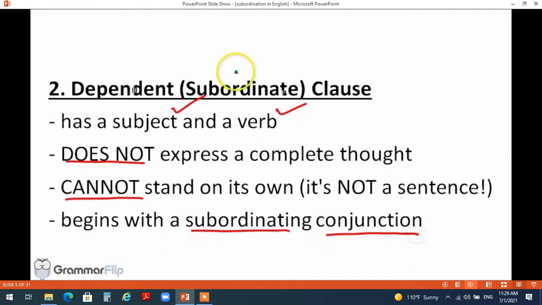Cannot stand on its own. It's not a sentence. أيضا لا يمكن أن نستخدمها كجملة مستقلة وقائمة بحد ذاتها. Begins with a subordinating conjunction. دائما العبارة الفعلية التابعة تبدأ باستخدام إحدى أدوات الربط التي نسميها subordinating conjunctions.